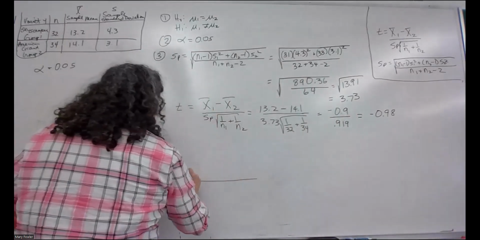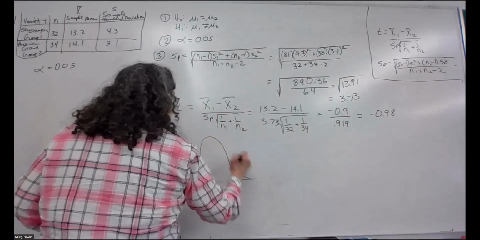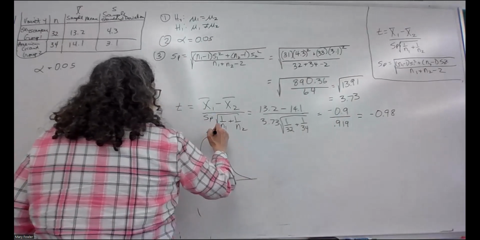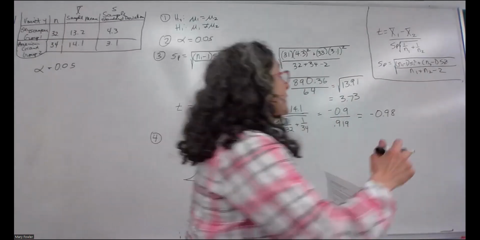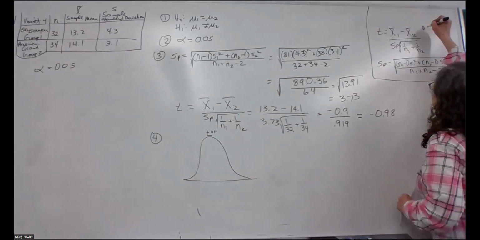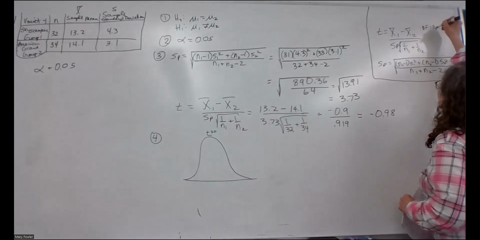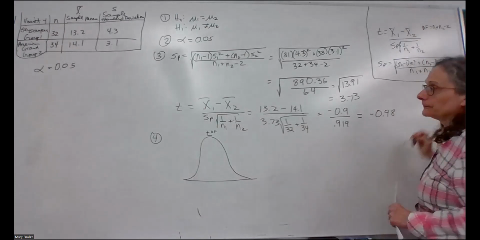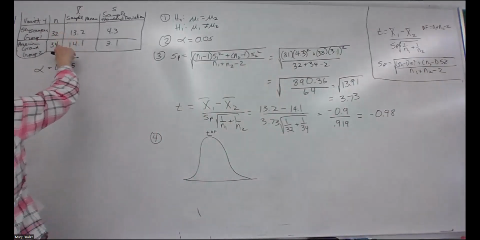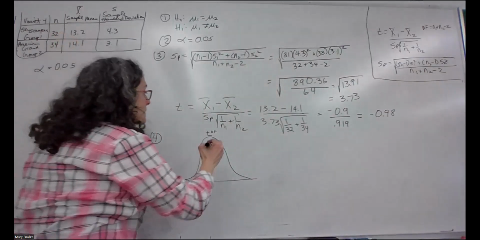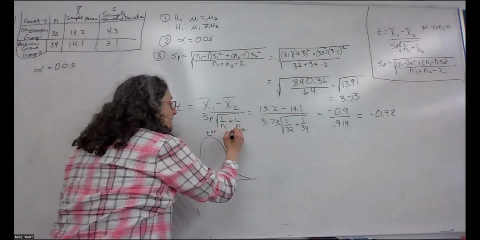Okay, so we're going to look at, this is a T with degrees of freedom equal, actually should have put that here, right? Degrees of freedom is N1 plus N2 minus 2. So in this case, 32 plus 34 minus 2, that's equal to 64.